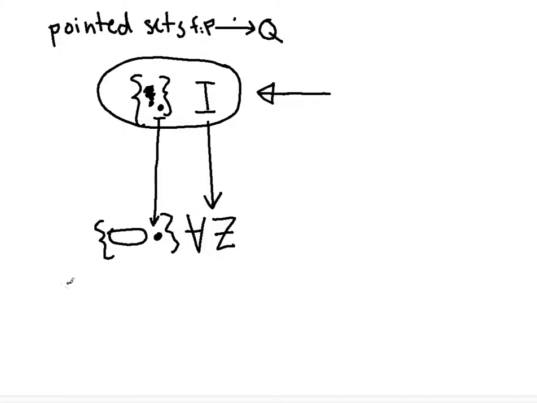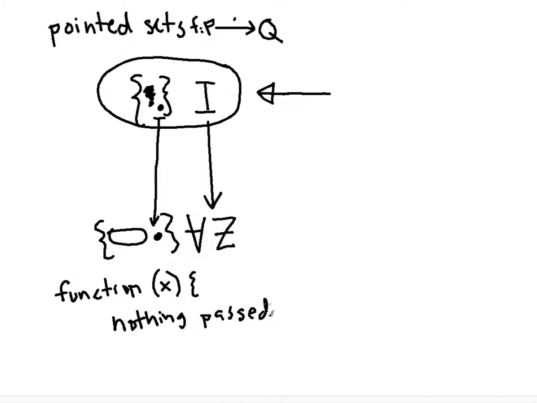So if we wrote a contract function x where nothing passes it, maybe we could construct something that has the empty set of values past this.